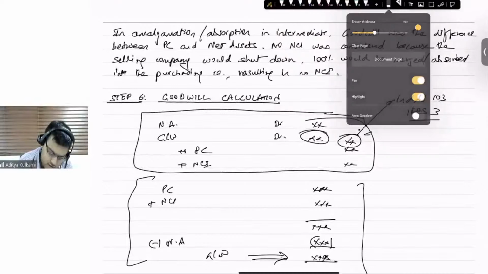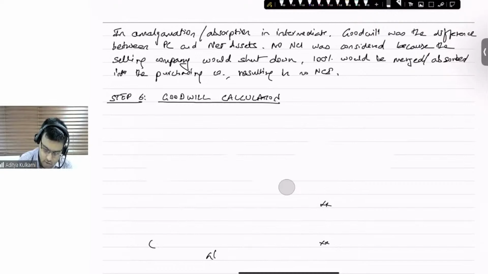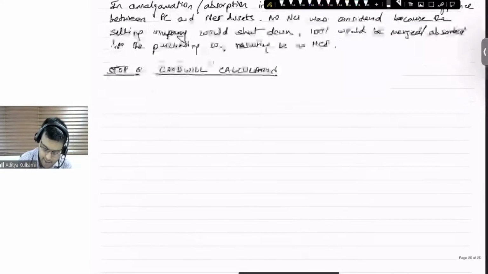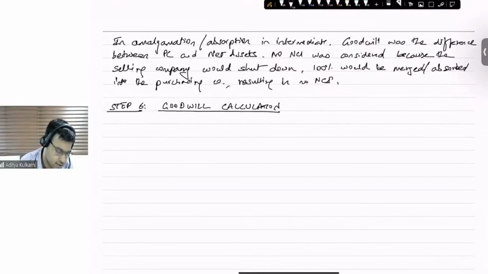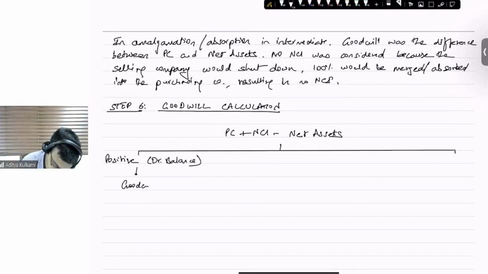So we'll just quickly write small notes about this, and then we shall proceed for the break. Goodwill calculation is nothing but PC plus NCI minus net assets. If this is positive, or if you talk in terms of entry, debit balance, then this goes in goodwill.